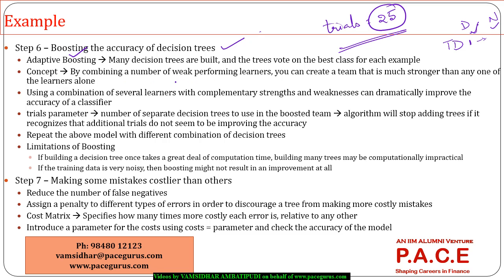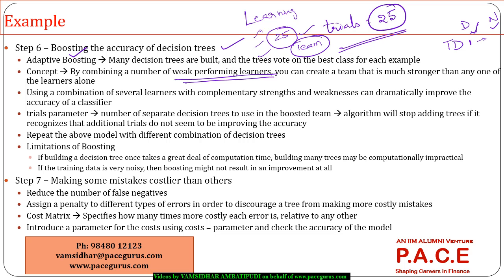So it's basically like, if there are many weak performing learners, instead of going with one single learning mechanism, I'm looking at 25 different learning mechanisms. Let's say all 25 are weak learners, I'm teaming them together. The output of those 25 together is much better than any one of the learners separately. That is the fundamental idea behind the boosting process.